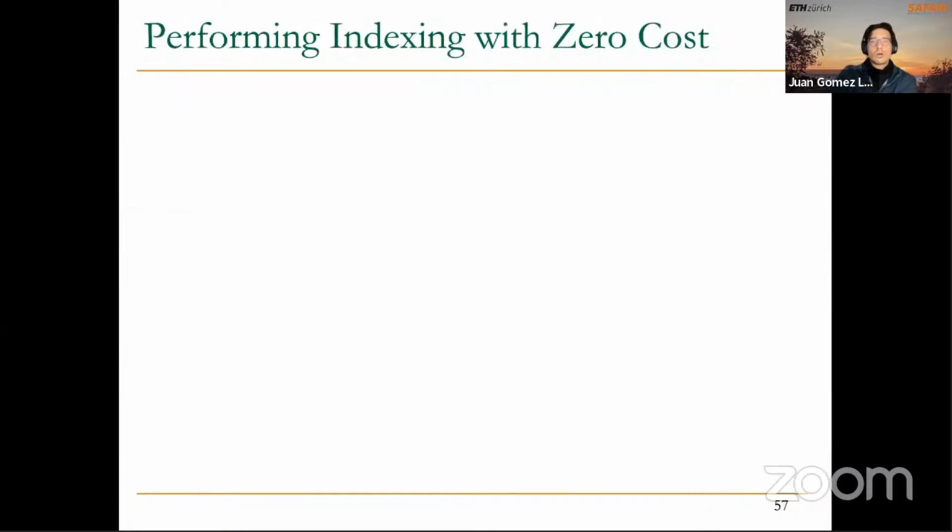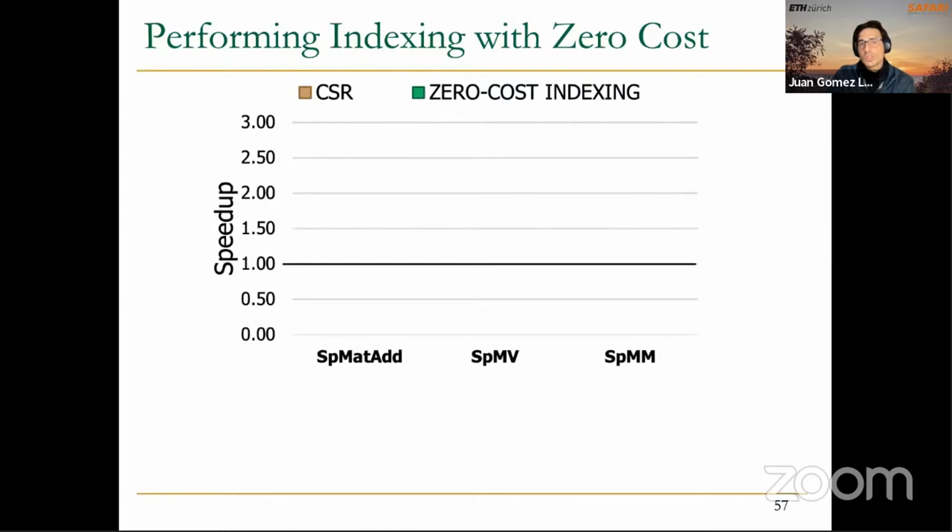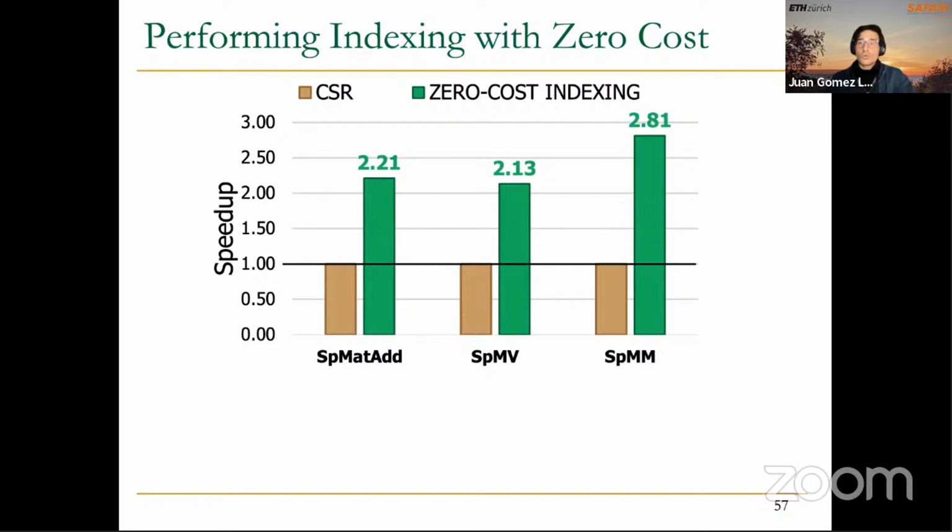Actually, in one recent work from our group, we have evaluated the cost of performing indexing in three important sparse matrix algorithms: addition, SpMV, and SpMM. This is the bar for CSR. These are speedup results, where we show the potential speedup that we could achieve if we were able to get rid of all the cost of indexing.